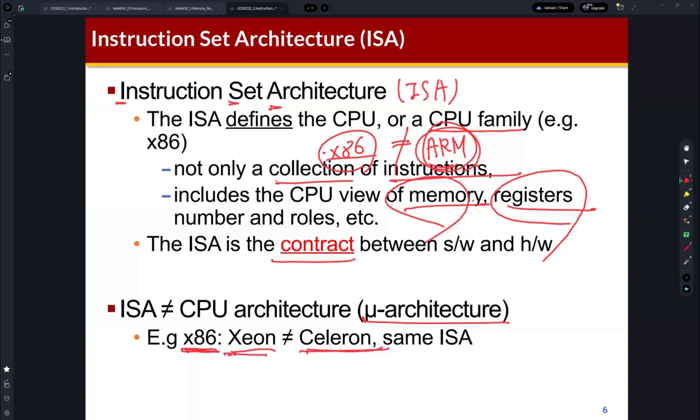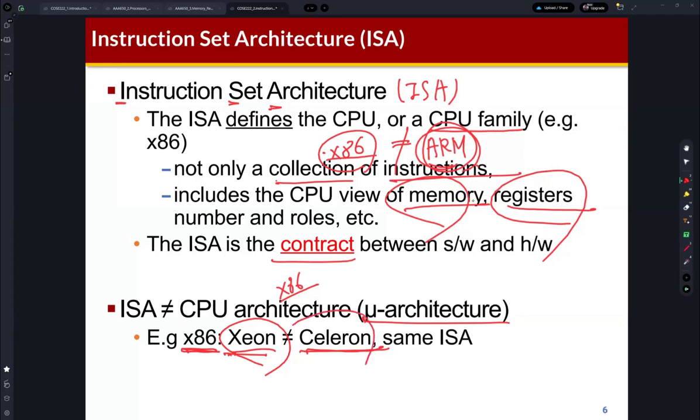Xeon and Celeron can both execute x86 instructions, right? Xeon is a kind of x86 CPU, so it can execute the x86 instruction set architecture.